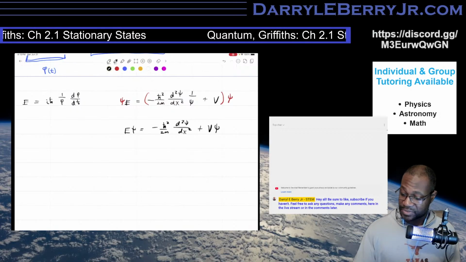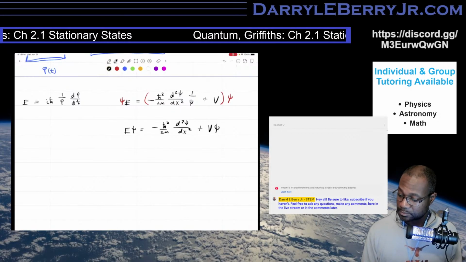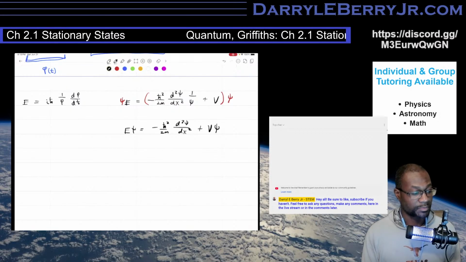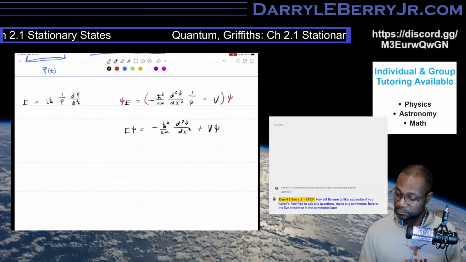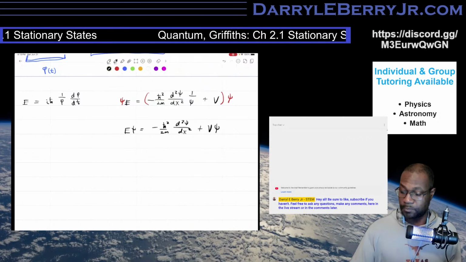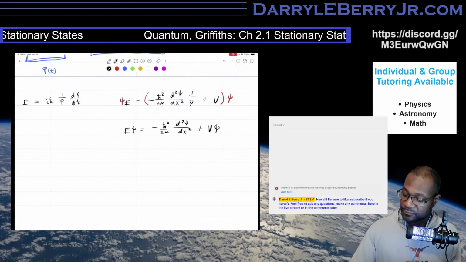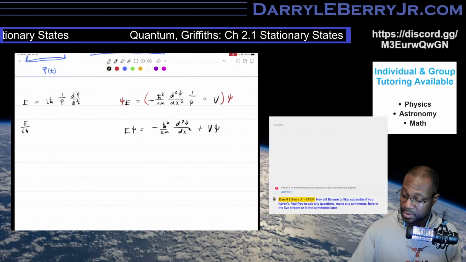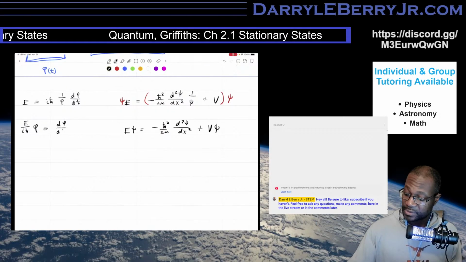So looking at this left side, all we have to do is multiply by dt, and we'll actually multiply by everything to simplify it and get just the differential on the side by itself. So I'll do E over i h bar psi equals d psi over dt.